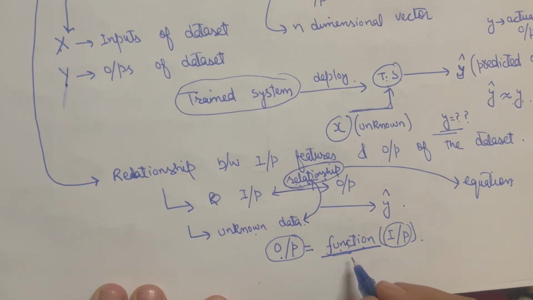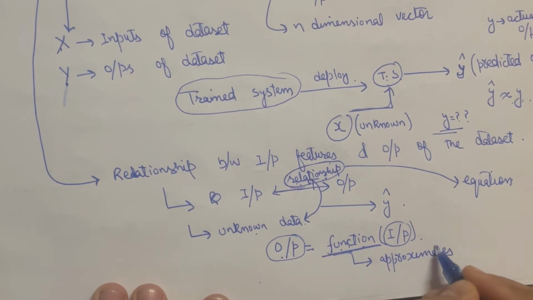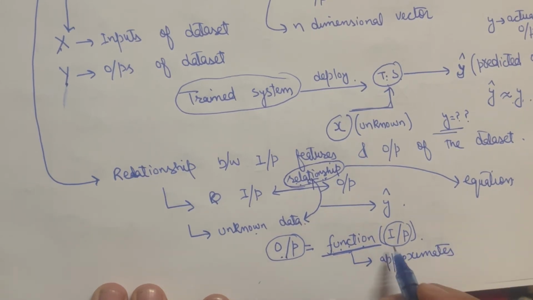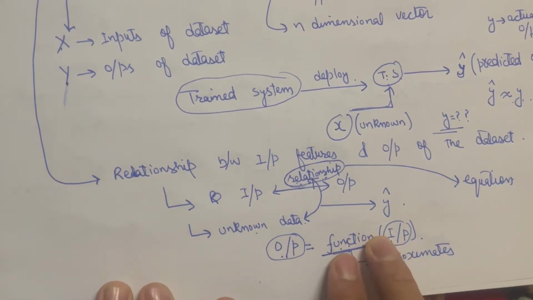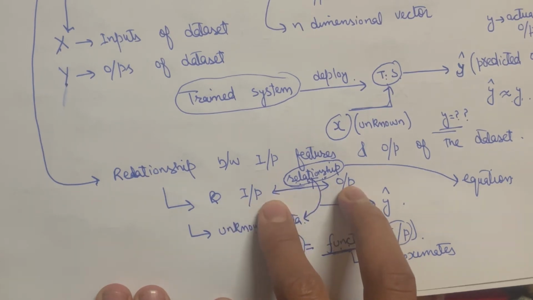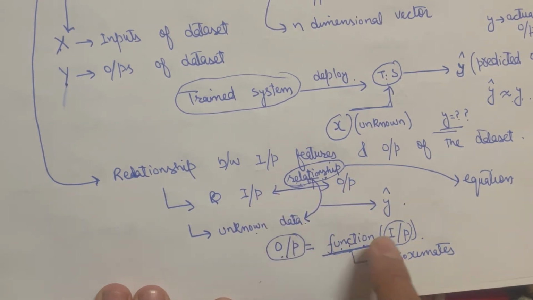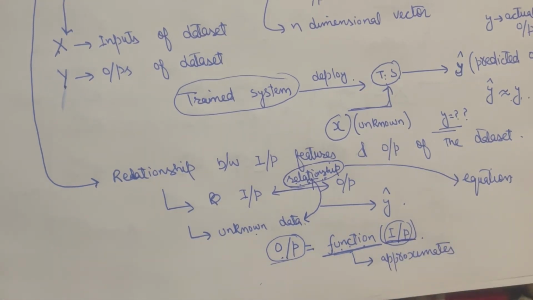So we will try to find a function that approximates the output and input. Not an actual function that will give the correct result always, but we want a function that relates these two as closely as possible.